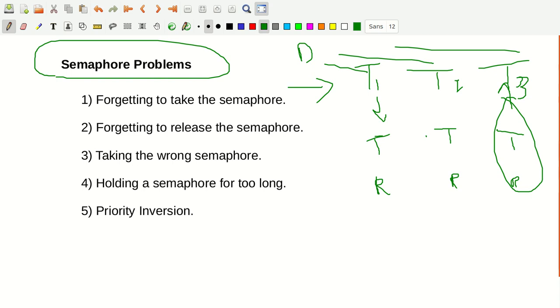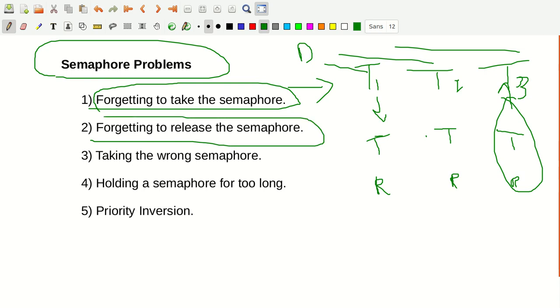So, a programmer sometimes, when writing a lengthy program, may forget to take the semaphore as well as release the semaphore. That is why it has been written here: forgetting to take the semaphore and forgetting to release the semaphore. The programmer has to bear in mind all the tasks, not only one, because that data variable could be shared between many tasks.